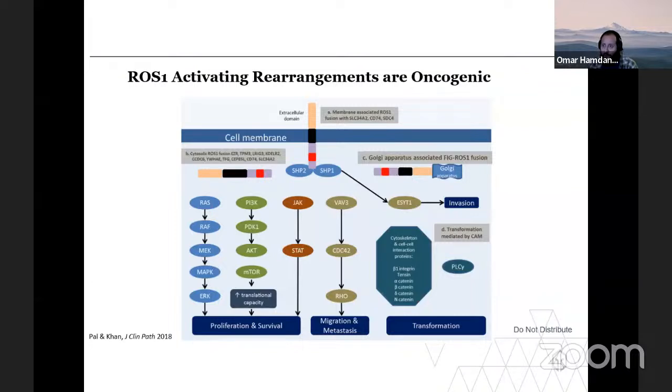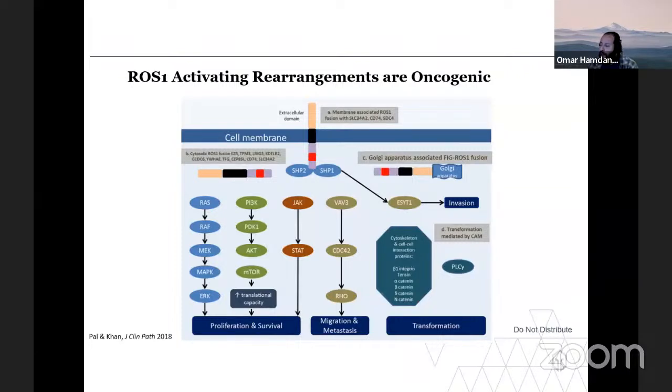Well, moving on to this ROS1 oncogenic pathway. This is a very similar diagram in a sense to what I showed you for the MAPK and mTOR pathway schematic that was in the last case, in that most receptor tyrosine kinases, ROS being a receptor tyrosine kinase, are transmembrane proteins that will activate downstream signaling pathways such as the MAPK pathway and the mTOR pathway.